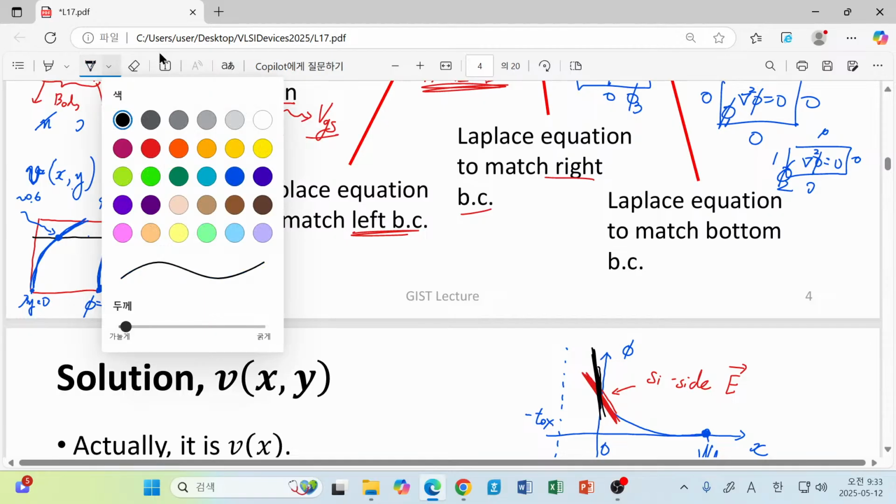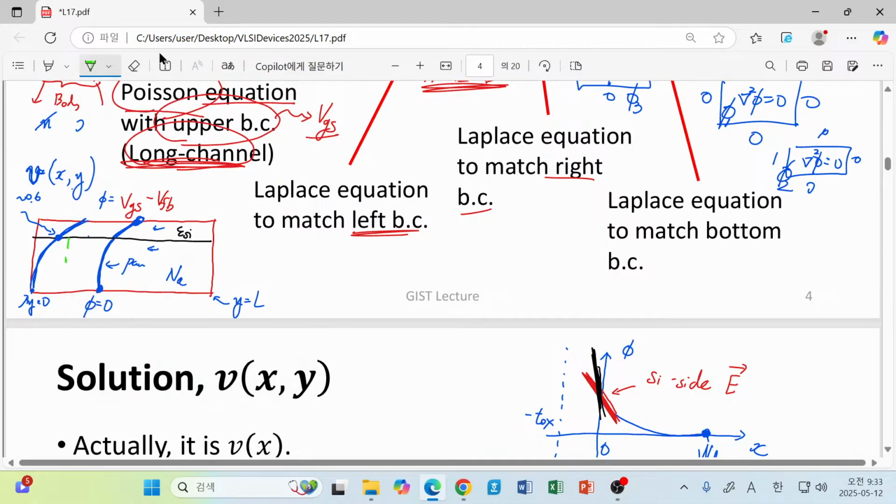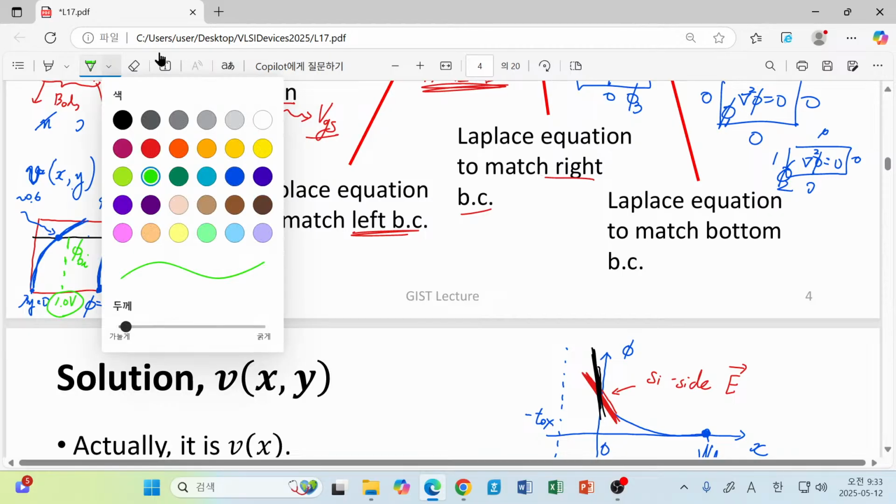Now, as I emphasized several times, when we draw once again the boundary value, it says 1.0 volt, or in this notation phi bi, the built-in potential between our N plus source region and substrate. So that is much, much higher than our surface potential.